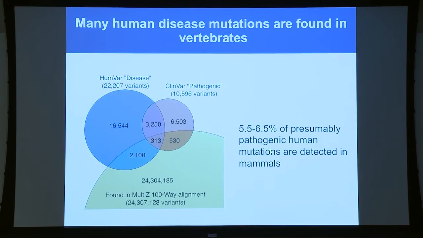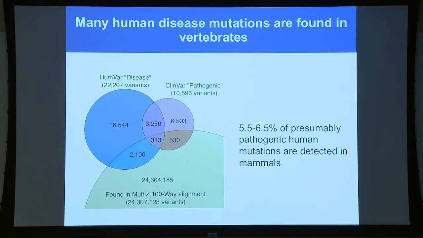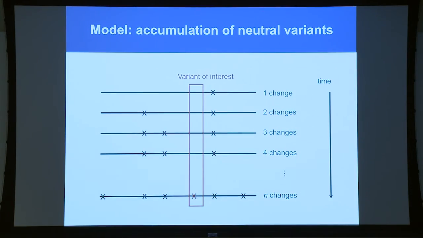And what we find is that even if we restrict to mammals, you have 5 to 6% of mutations annotated as pathogenic in humans found in these mammalian alignments, right? I don't have time to go through all this debate on how many of those are alignment errors, how many are database artifacts, and so forth. But at least a certain fraction we were not able to remove.